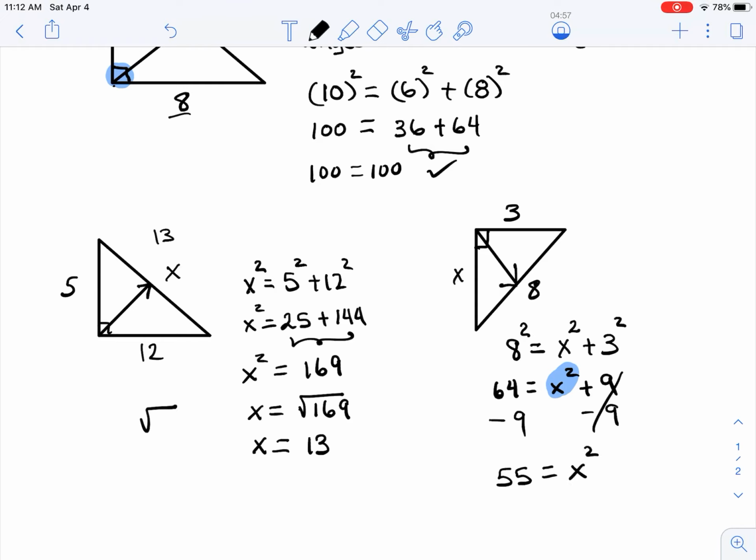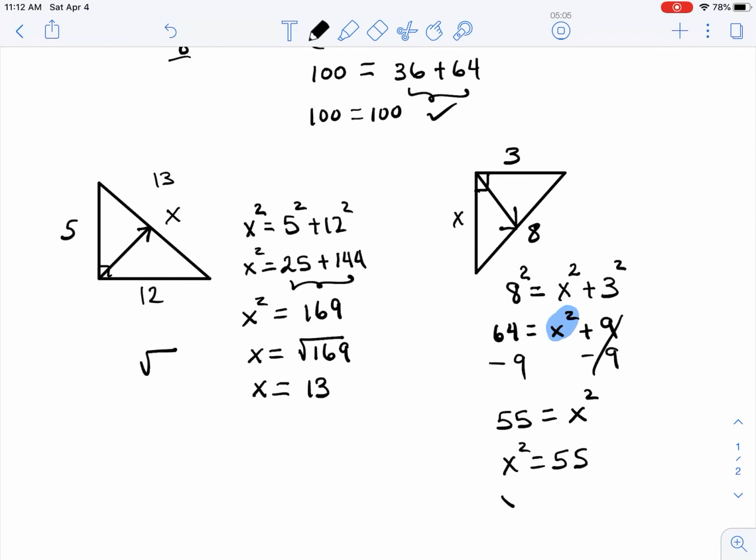So you can see here now I've got 55 equals x squared, and I can just flip that. It's the same thing if I say x squared is 55. Find that square root button on my calculator. And that one's going to work out to 7.4. So again, we can see here that 8 is the hypotenuse and it's still the longest side.